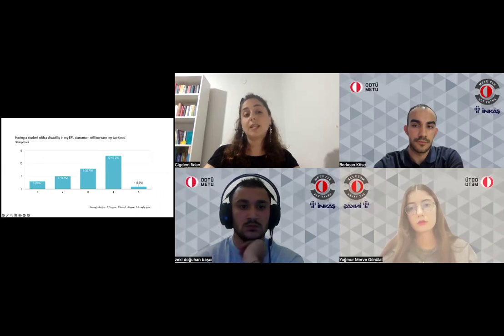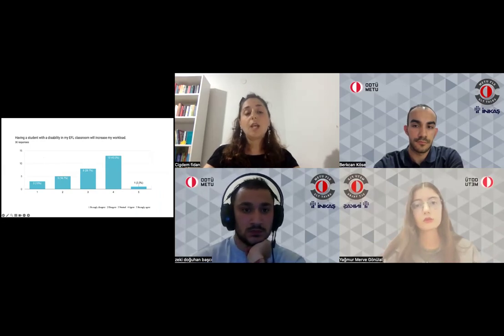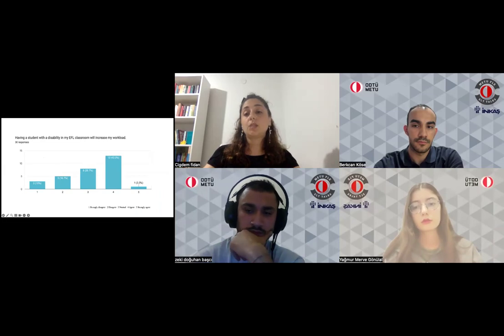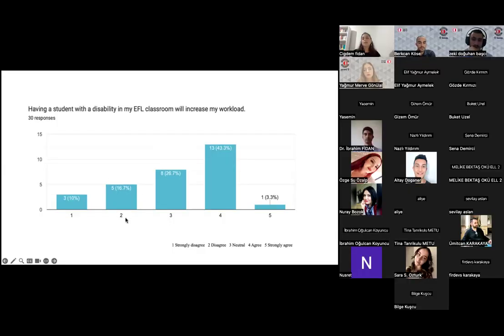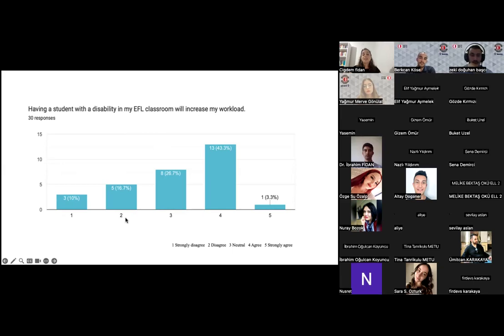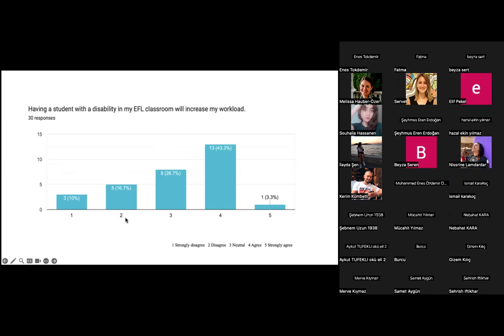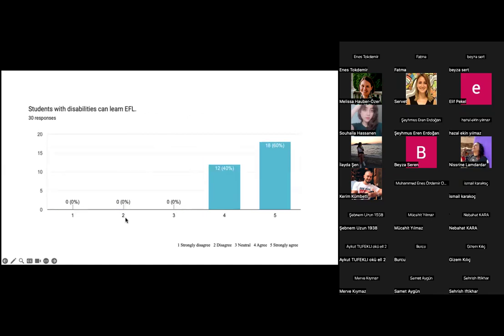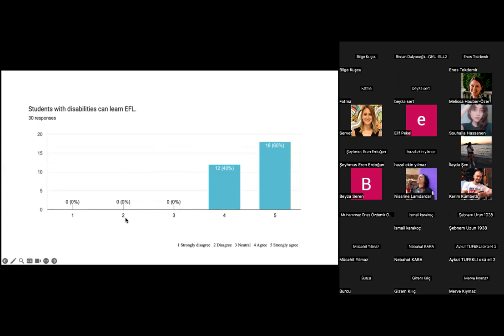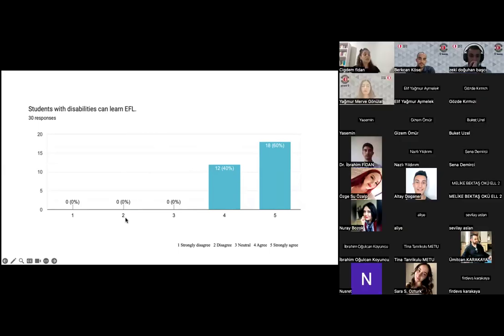Interestingly, even if they do not know how to teach EFL to students with disabilities, they mostly do not believe that having a student with a disability in their classroom will increase their workload, right? For the statement "Students with disabilities can learn EFL," happily we see that they all believe that students with disabilities can learn English as a foreign language if appropriate conditions are provided.